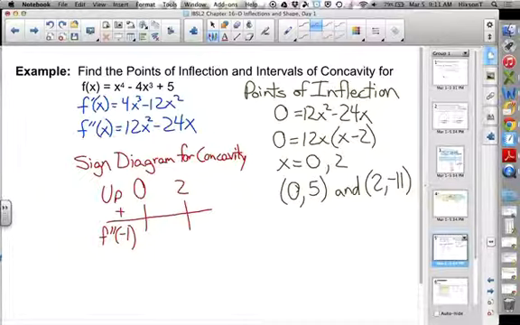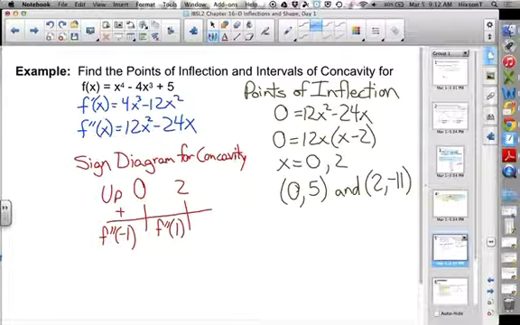Now if I try a value between 0 and 2, if I try 1, couldn't you just know it? If those have to be points of inflection, then if you've got a positive, the next one automatically has to be negative, and the other one will be positive. That is typically how it'll work.